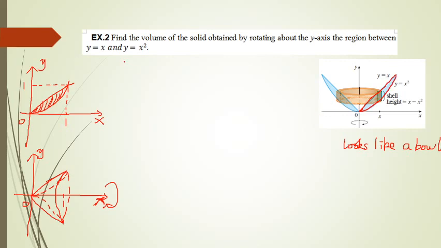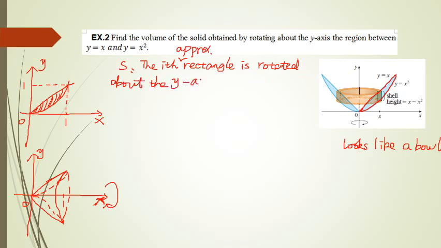We will do the same thing as before. We take this as the ith approximating rectangle, and it is rotated about the y-axis. The ith cylindrical shell is obtained.